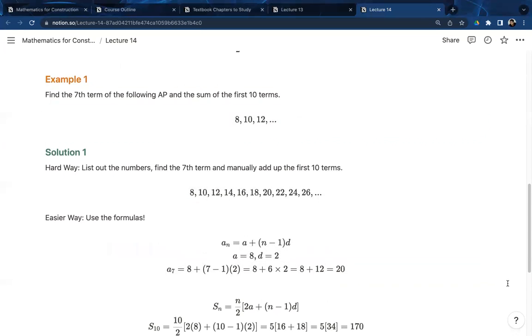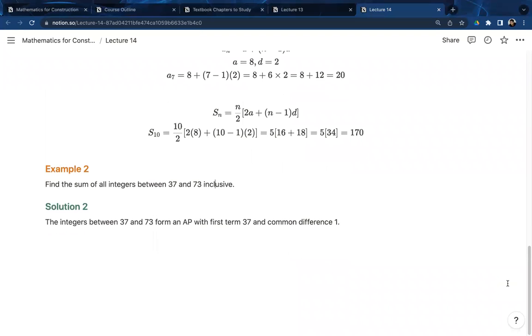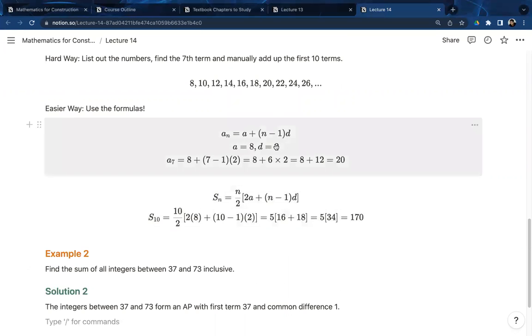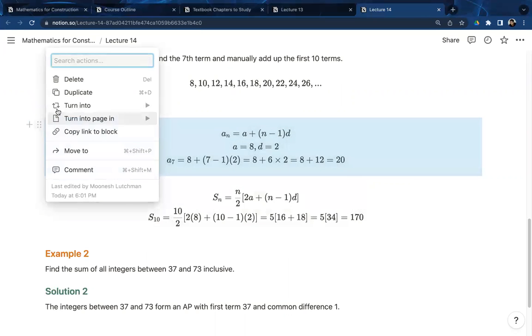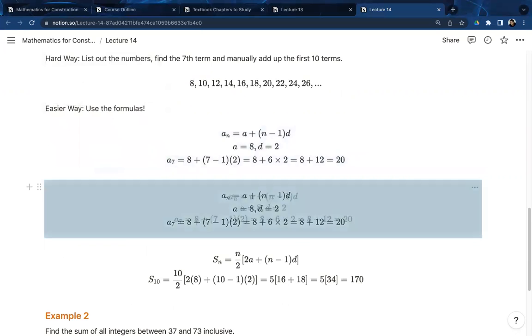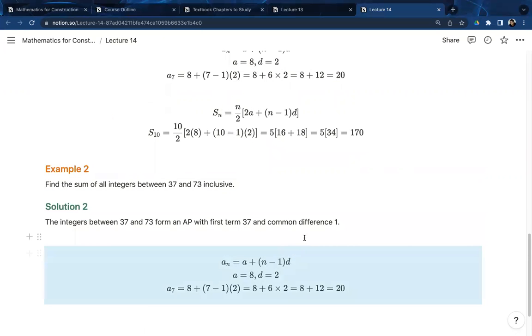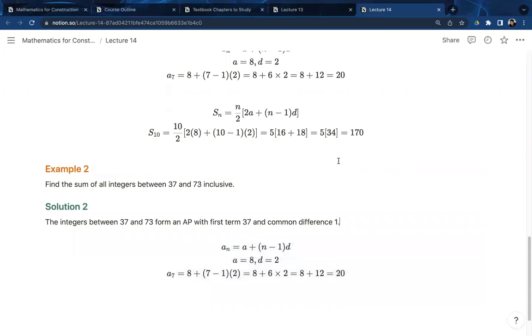So we need to figure out what n is. 73 is what value of n? So let's figure that out. This is one way of doing it. I have many ways to do this, but we're using only the two formulas we have here.